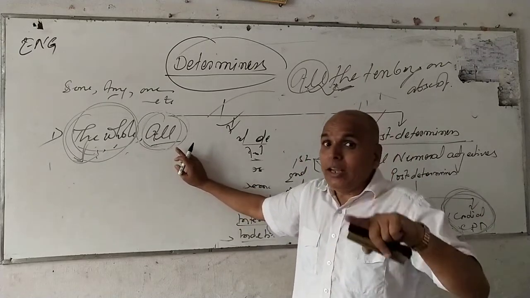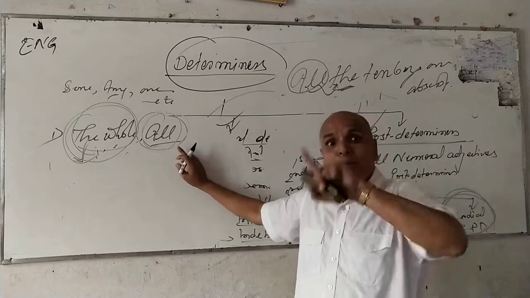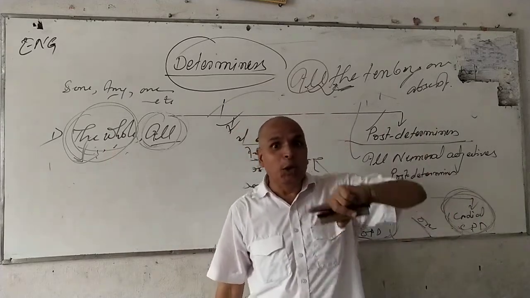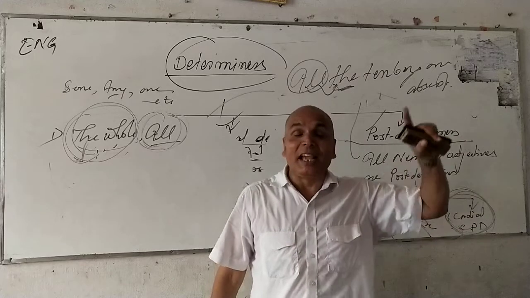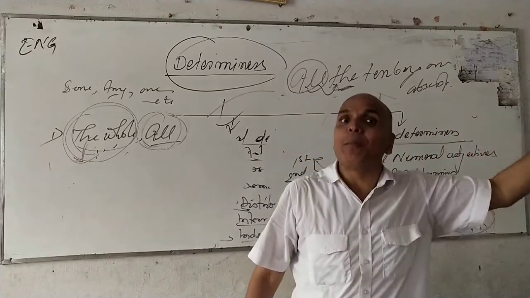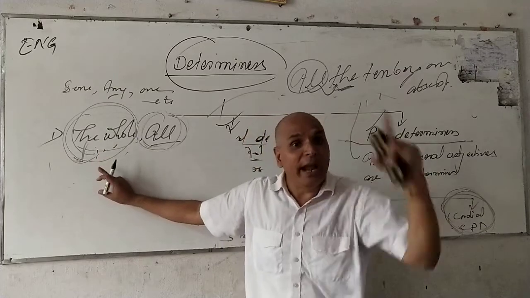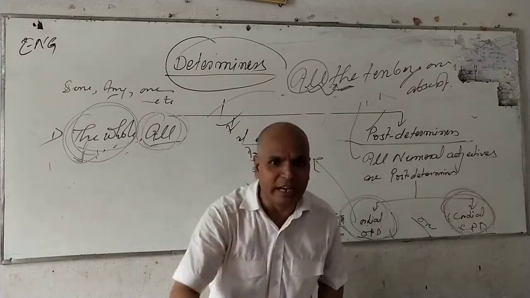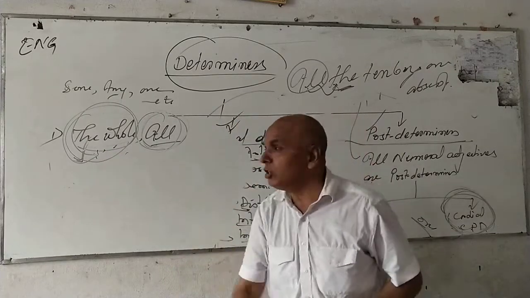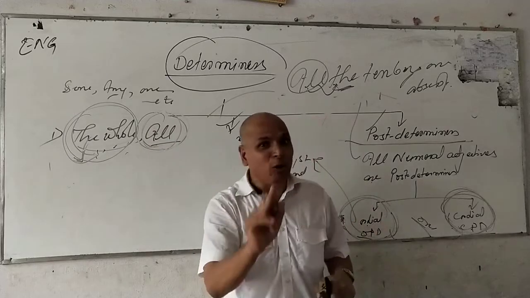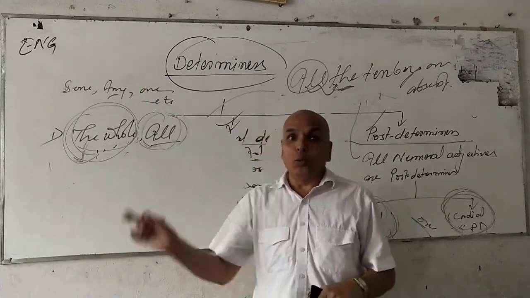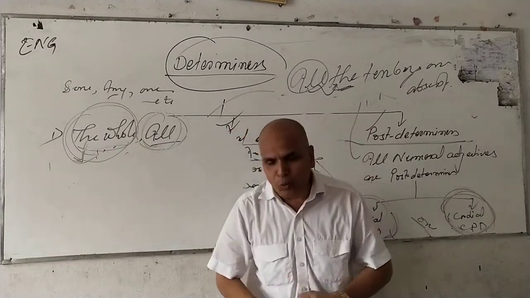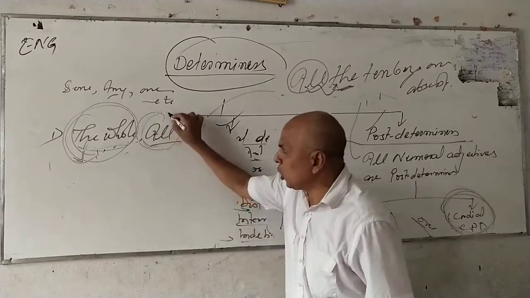That means all Indians are against Pakistan, but individually divided. But the whole, same time you say the whole of India is against Pakistan. Here what you have done, you have united the entire Indians together. So the whole brings the sense of integrity by expressing the entire amount, and all also expresses the entire amount, but it brings the sense of diversity. Wherever you want to express the sense of integrity, you have to use the whole, and wherever you want to express along with diversity, you can use all.